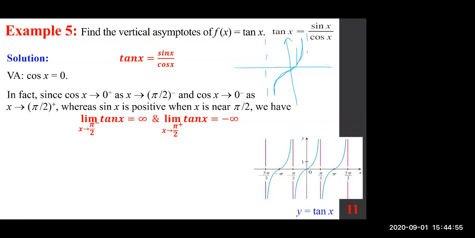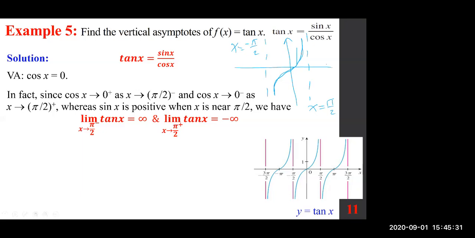If you look at one cycle, only one, where x is pi over 2 here, and x is negative pi over 2. As you can see, when we go towards pi over 2 from the left, what happens? From the left of pi over 2, this tends to positive infinity.